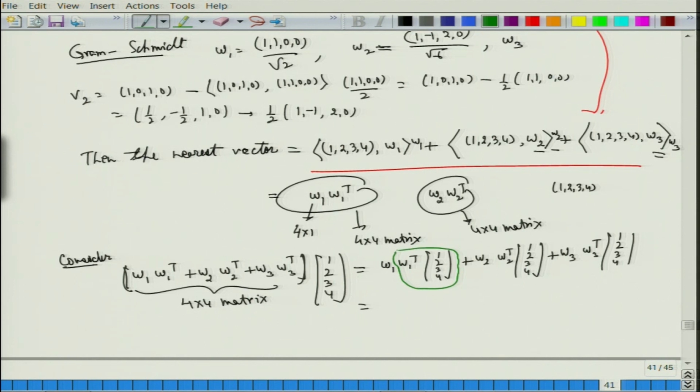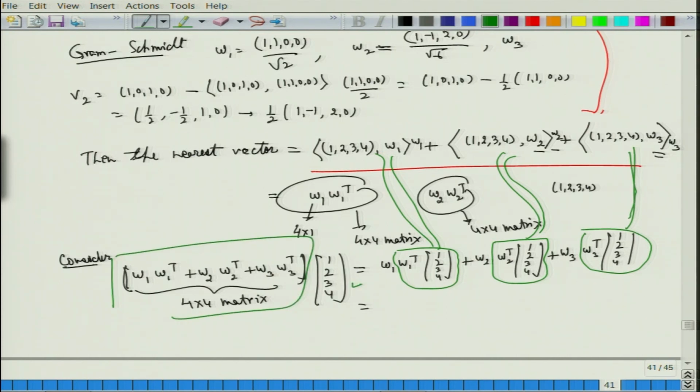This is a scalar quantity, this is also a scalar quantity, and this is also a scalar quantity, and this scalar quantity is nothing but this, and this is the same as this. So, we have been able to write, if I write this as a matrix and then multiply with the given vector, I am just saying that this part is nothing but the projection part, all right, fine.